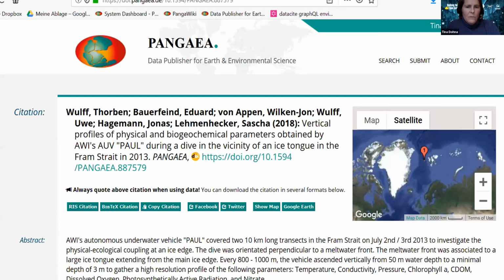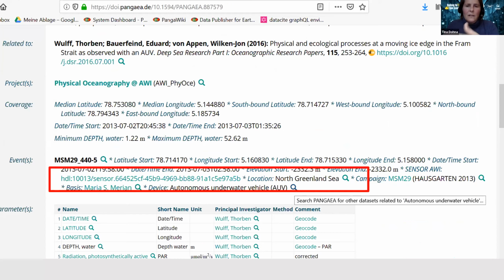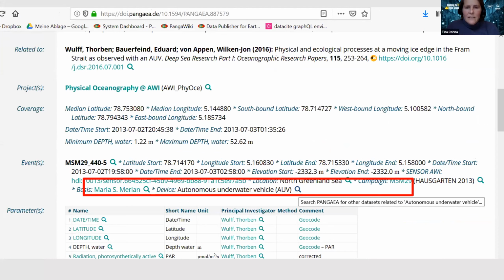In here, we have the link to the handle for the instrument used in this research. We have another descriptor, device, with our own terminology in it, which is currently still somewhat separate from the AWI terminology.